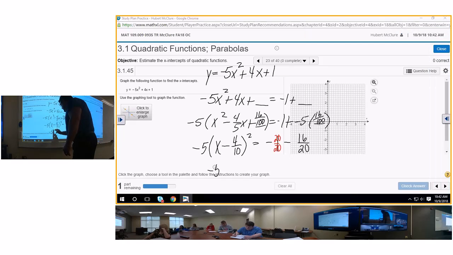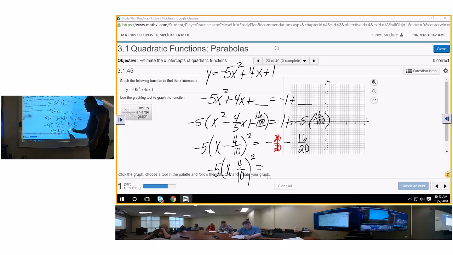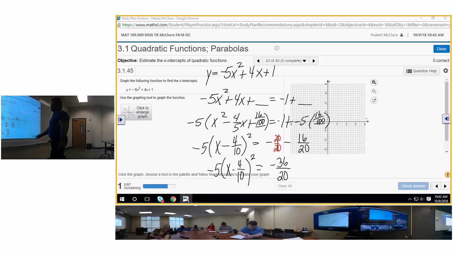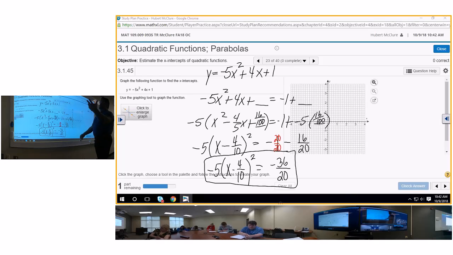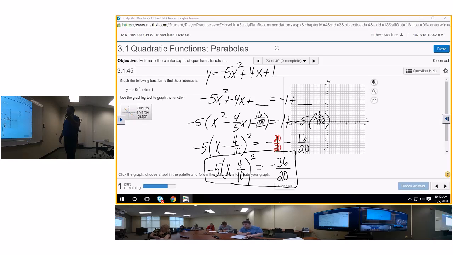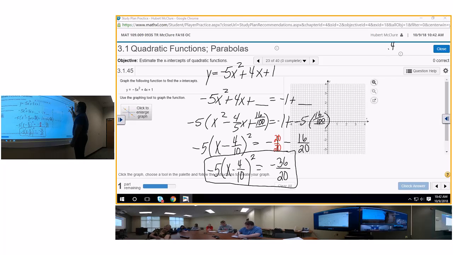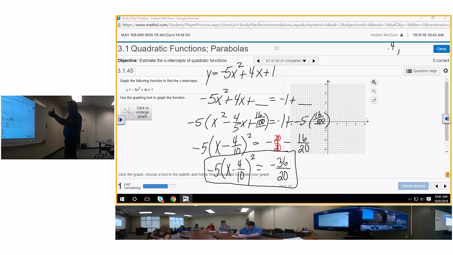-5 times x minus 4 over 10, quantity squared, is equal to -36 over what? 20. Now, that is your equation, and you can get your vertex. Now you can reduce, all right? Your vertex is what? 0.4, and what? 36 over 20 be 1.8.